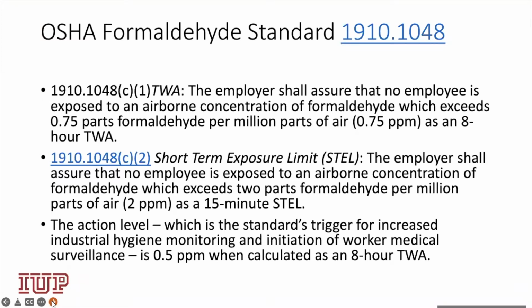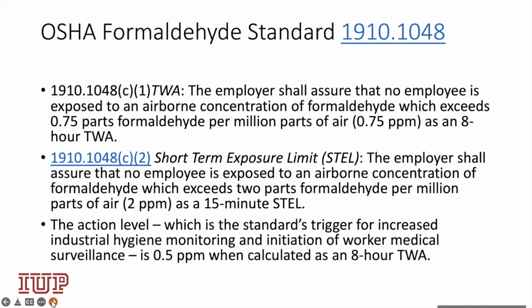1910.1048. With the time-weighted average, the employer shall assure that no employee is exposed to an airborne concentration of formaldehyde which exceeds 0.75 parts formaldehyde per million parts of air, or 0.75 parts per million, as an 8-hour time-weighted average.